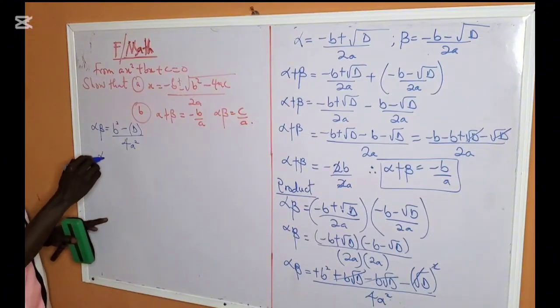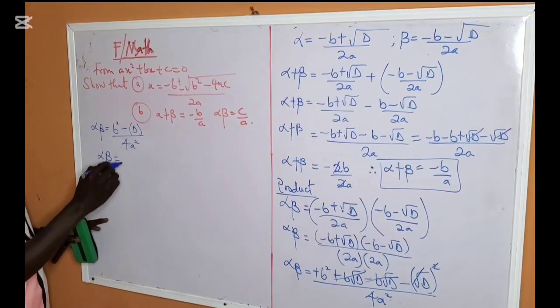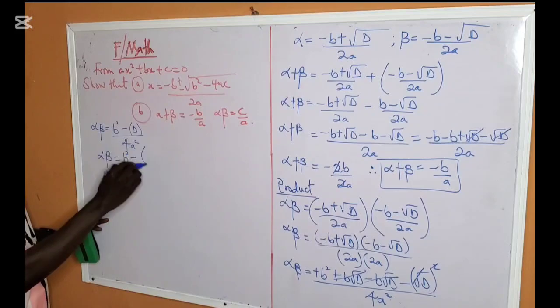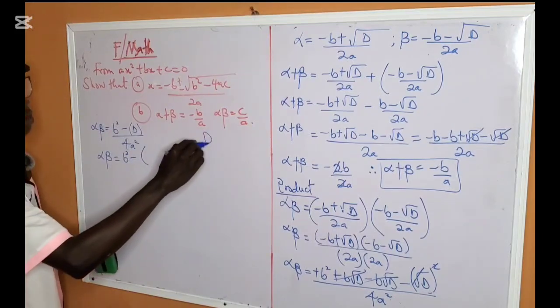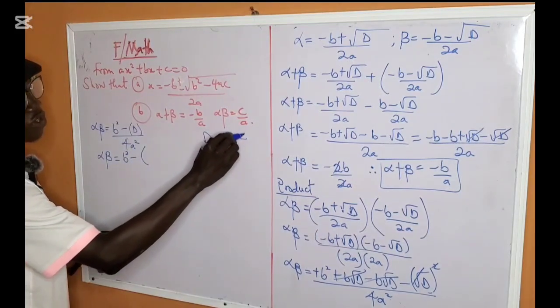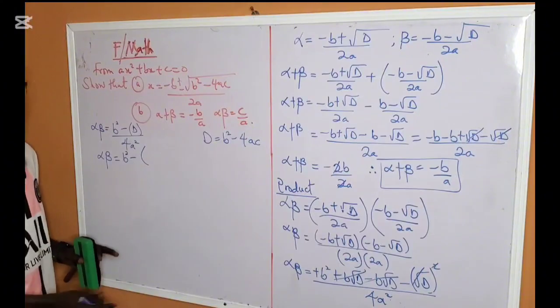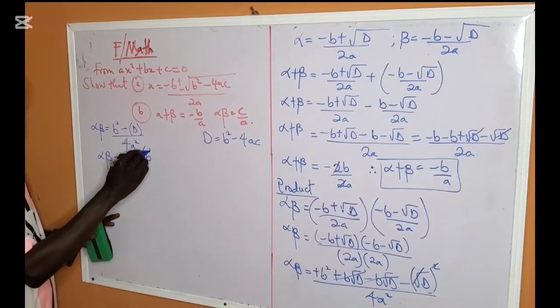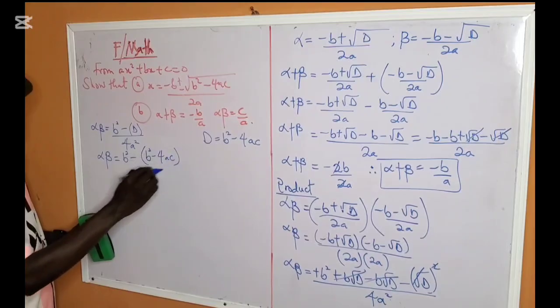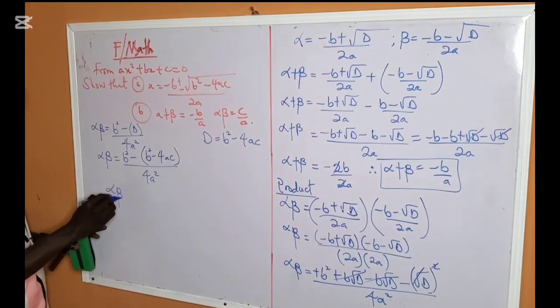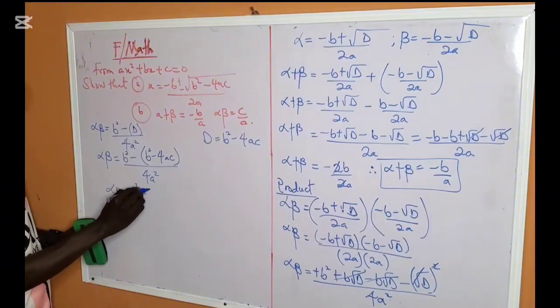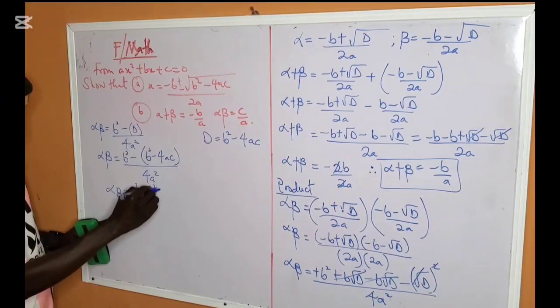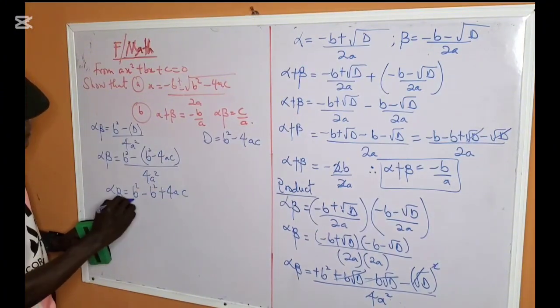Therefore, alpha beta equals b squared minus open bracket. Remember that our discriminant equals b squared minus 4ac, right? So let's turn this back to b squared minus 4ac, over 4a squared. So alpha beta equals b squared minus b squared, and minus times minus gives plus 4ac, all divided by 4a squared.